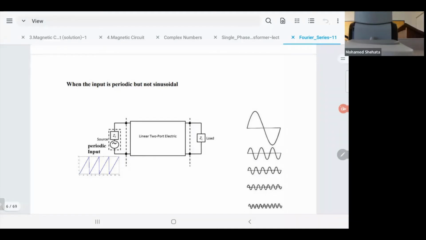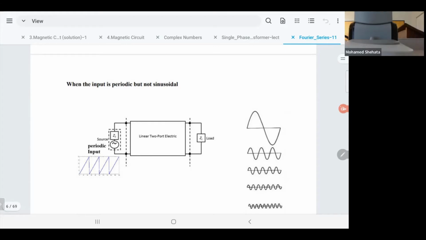So, for example, this sawtooth, if we could decompose it into a series of sinusoids with different frequency, different amplitude, we don't care, we just want to have sine waves, then it will be easy to solve. And they found out that they can do that for most periodic waveforms.